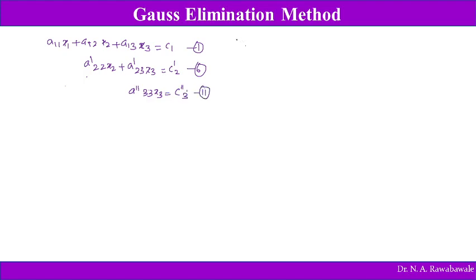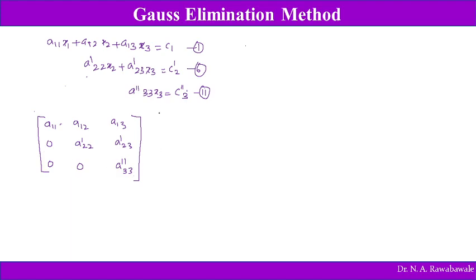Now if we write the coefficients of these equations: a11, a12, a13, 0, a'22, a'23, 0, 0, a''33. This is the main matrix reduced to the upper triangle, so the values of the lower triangle are 0.